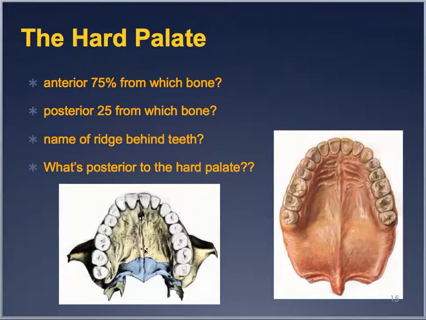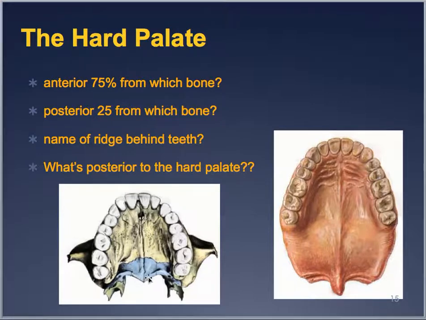So we have both maxilla bone and palatine bone making up the hard palate. Recall that the little ridge behind the teeth is the alveolar ridge. Also recall that behind the bony structure of our hard palate is a soft palate.